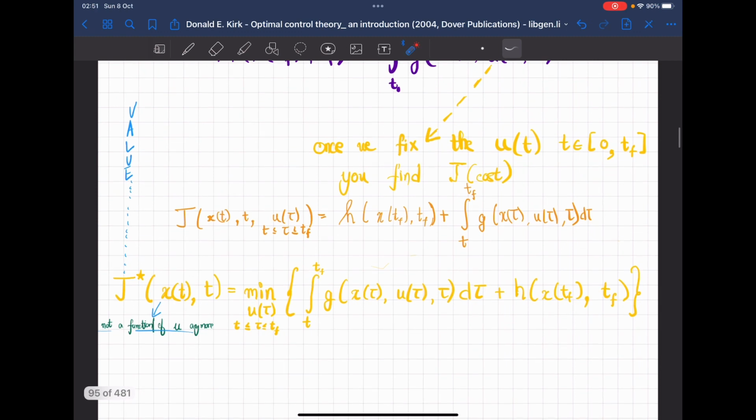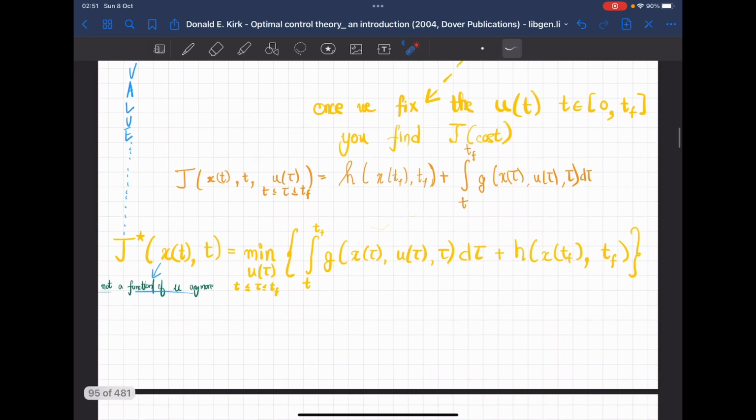Now, what I do is that if I minimize the right-hand side of this equation with respect to u_t, what I mean to say is that out of all possible given u_t, I choose a u_t which minimizes this, then my J would not be a function of u anymore, because I have already determined and fixed the u for which this J is minimized.